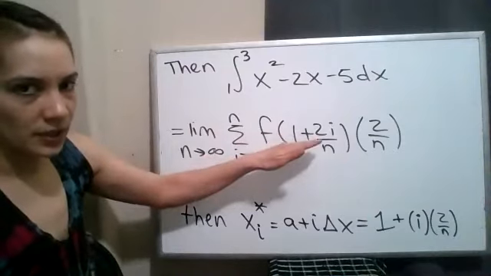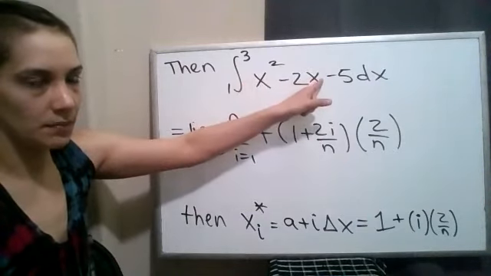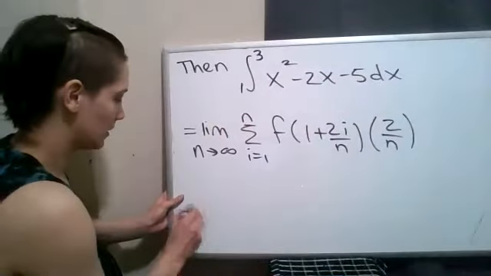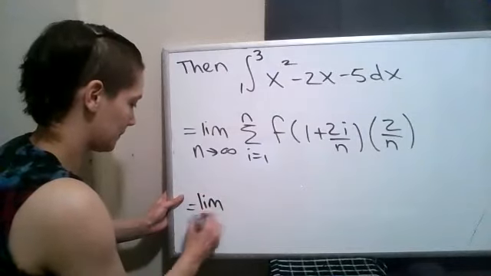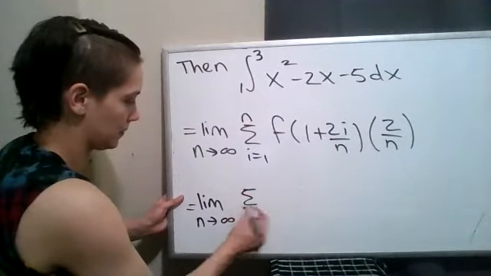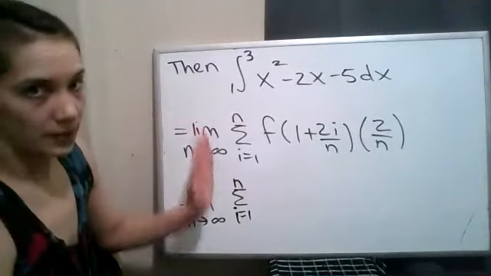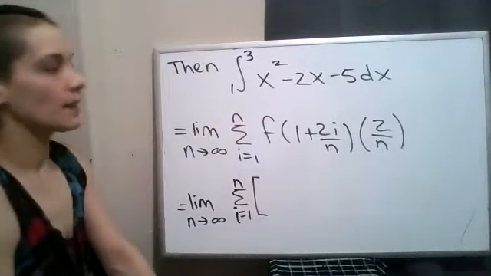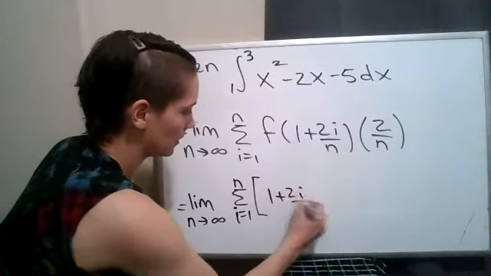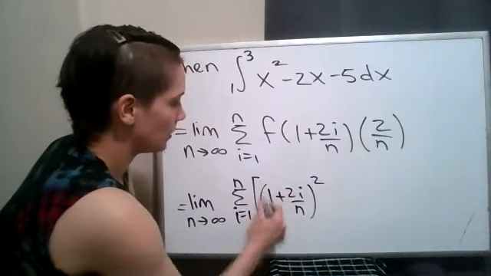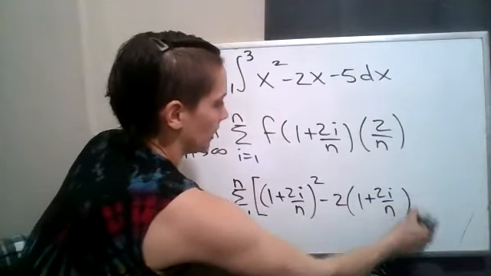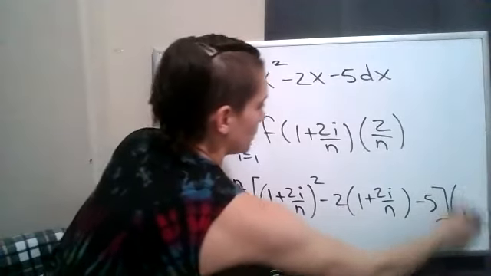And we have to put this into the function for x, which means it goes here and here. So we're going to have the limit of the sum of 1 plus 2i over n squared, minus 2 times that number, minus 5, times 2 over n.